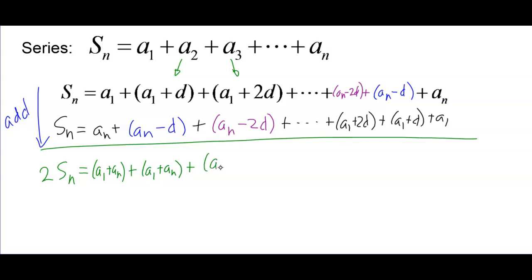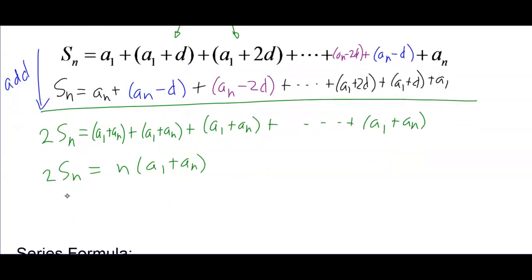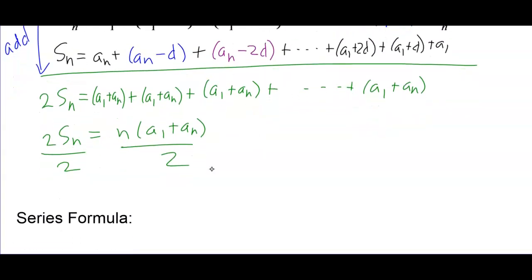Same thing happens here, A1 plus AN again, and so on through the whole thing. It's a bunch of A1 plus ANs repeatedly over and over again. How many? Well, how many terms did we have originally? We had n terms. So this would have been n times A1 plus AN, and then you divide by 2 on both sides, and that allows us to create the formula.